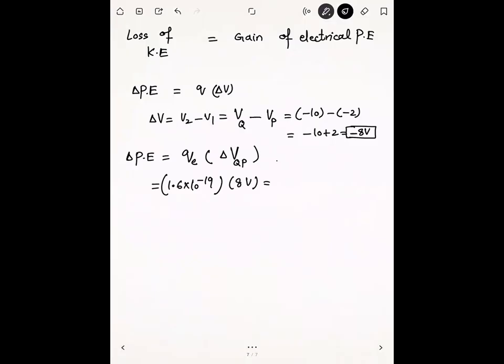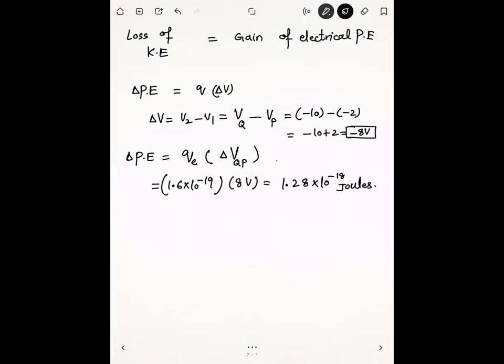So if we make this calculation, it would be 1.6 into 10 power minus 19 multiplied with 8 volts. And the answer would be 1.28 into 10 power minus 18, and this is joules.